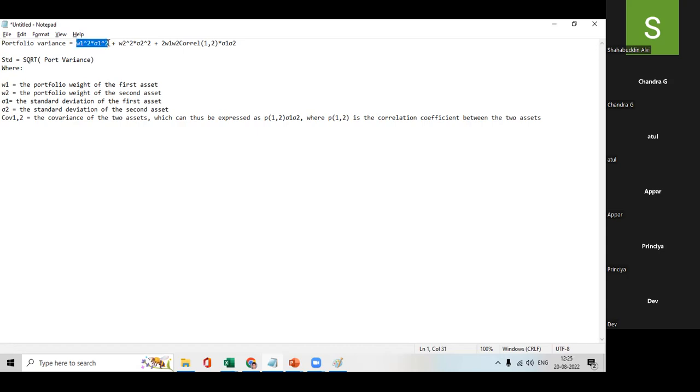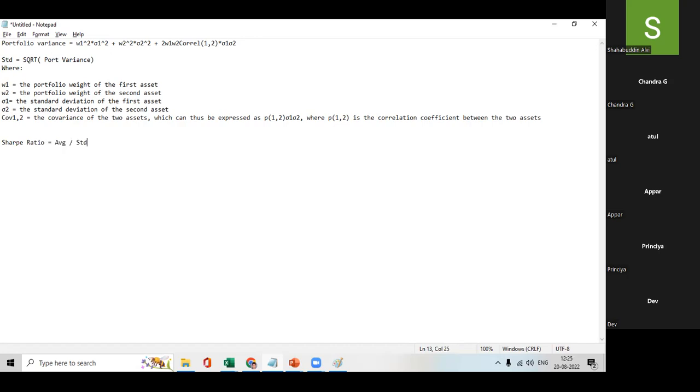Yes. Positive number, and this is again a positive number. So another big positive number will come. Now, what is Sharpe ratio? Average divided by standard deviation.